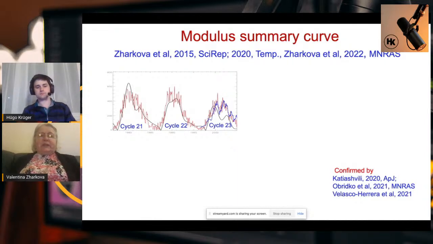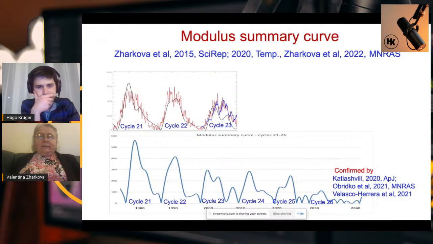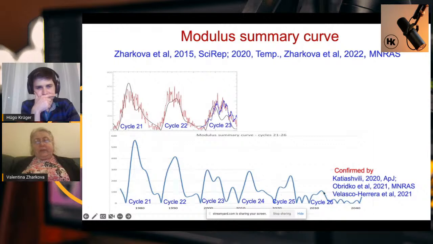So this is what we did in 2015. Then we calculated the summary curve for cycle 24, 25, which we are in now, and 26.